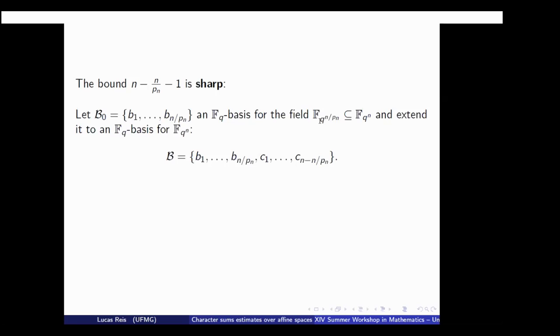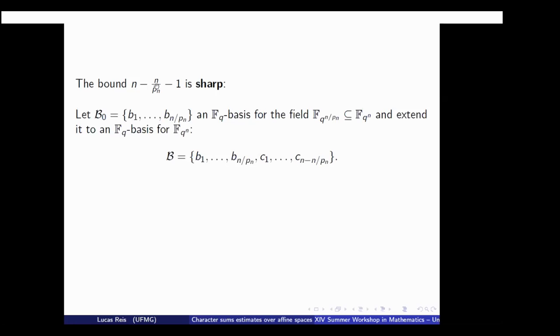So this subfield is a vector space of dimension n over p_n over F_q. I take a basis B_1 to B_(n over p_n), and then I complete it to a basis of the whole space F_q^n. So here we have n over p_n elements, and the C's are n minus n over p_n elements.